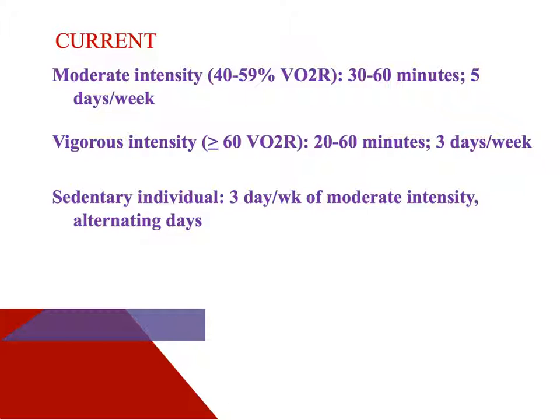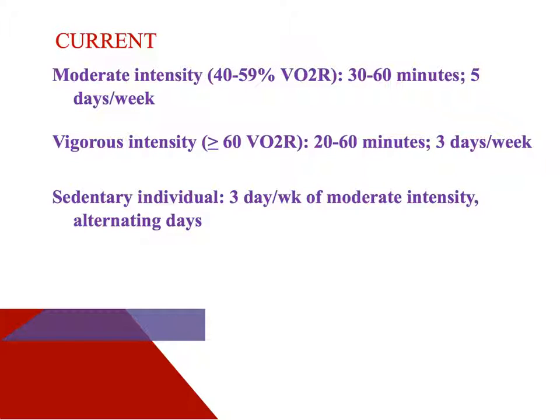If we want to work out at vigorous intensity, we can work out for less frequency of 3 days a week, but we need to be over 60% of our VO2 reserve or 60% of our heart rate reserve. And this typically is going to be 20 to 60 minutes. The general rule is we can do 20 to 25 minutes of vigorous intensity activity and 3 days a week, and that is essentially equivalent to 150 minutes of moderate intensity per week when we're looking at aerobic training adaptations.